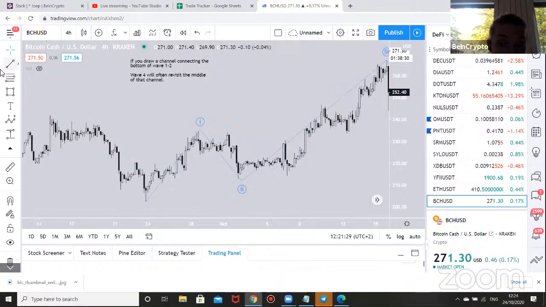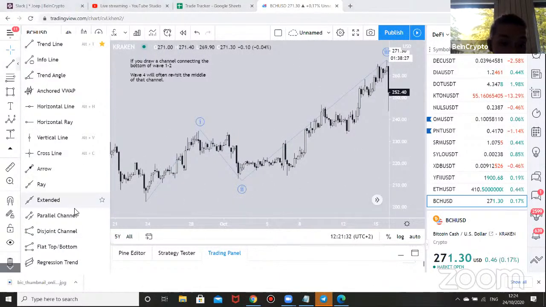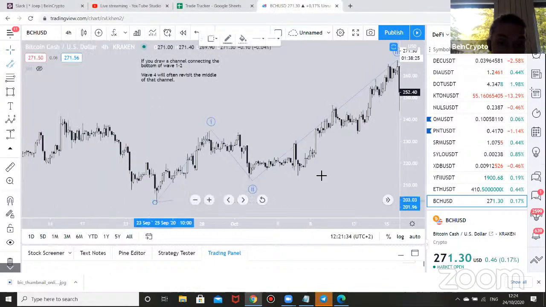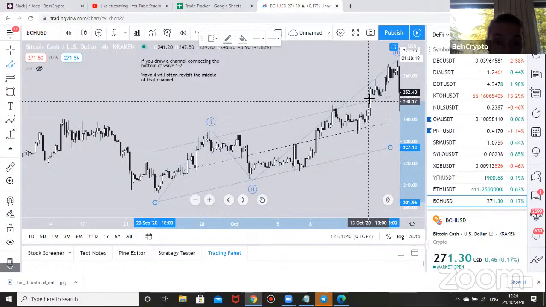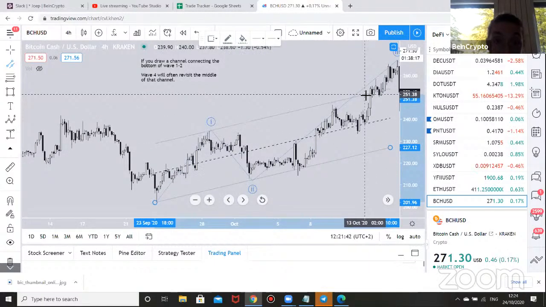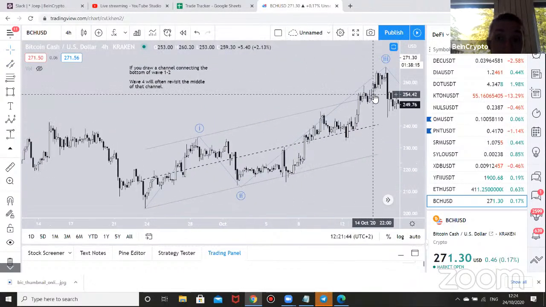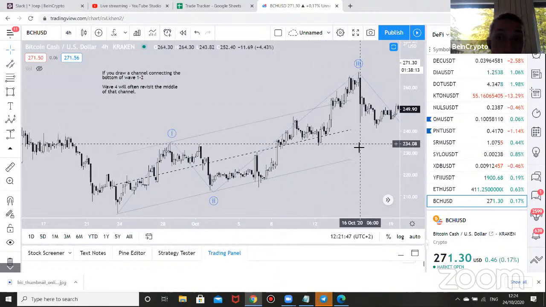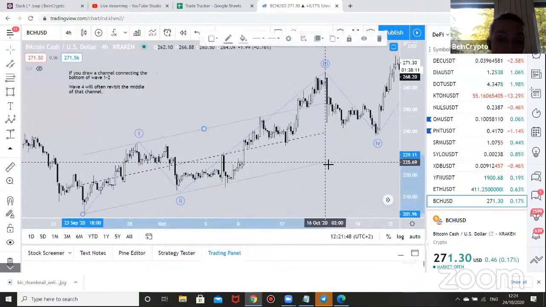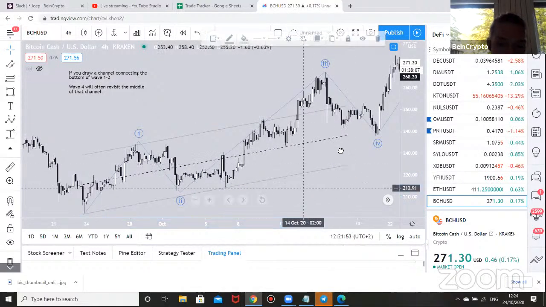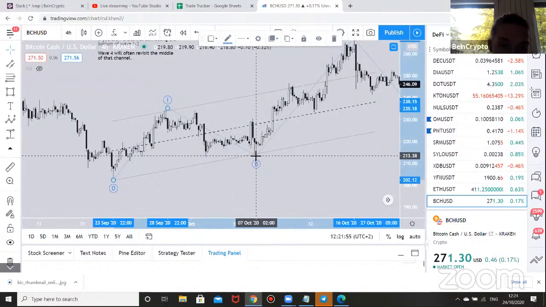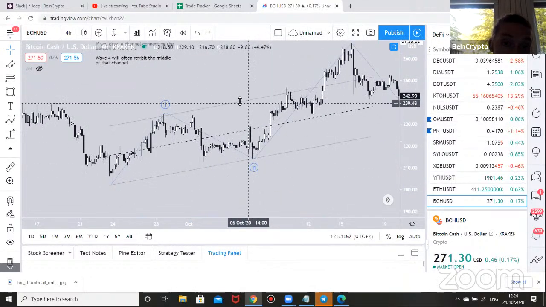So if you draw a channel connecting these bottoms and the highs here, right? Now you can tell that, okay, now actually you have to use the actual bottom, like the wick low here, and then the highs.